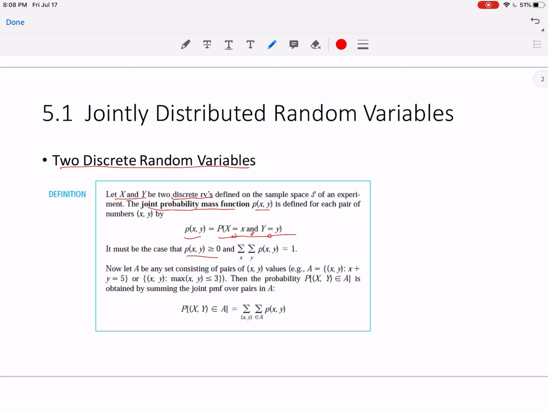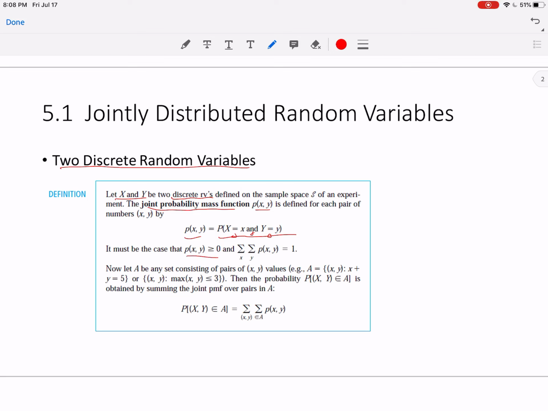For a qualified PMF or PDF, we know that the value of the PMF or PDF has got to be greater than or equal to 0, and the sum of all PMFs is going to be equal to 1, and the integration from negative infinity to positive infinity of the PDF is equal to 1. Of course, we have a dx over here. So basically, the sum of all probabilities is equal to 1.